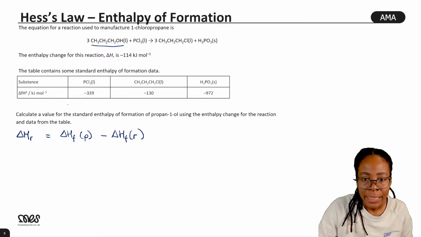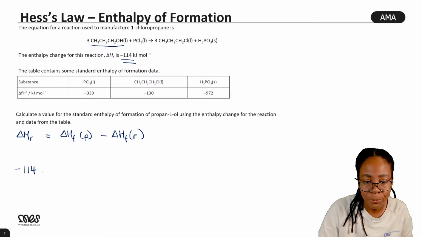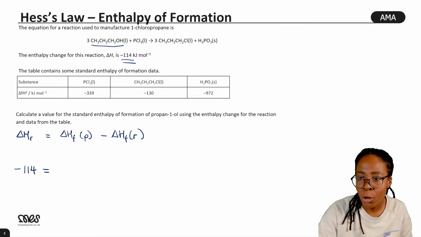So the enthalpy change for the reaction we are already given in the question. That's minus 114. That's going to be equal to the enthalpies of formation for our products. Our products are 1-chloropropane and H3PO3.